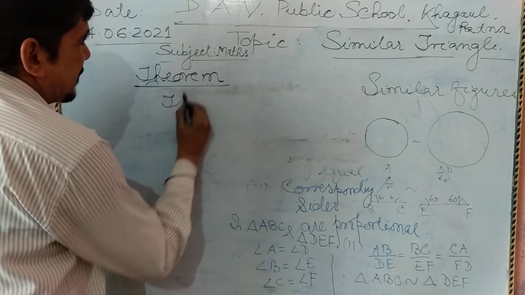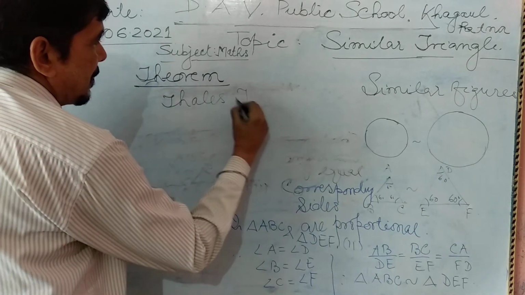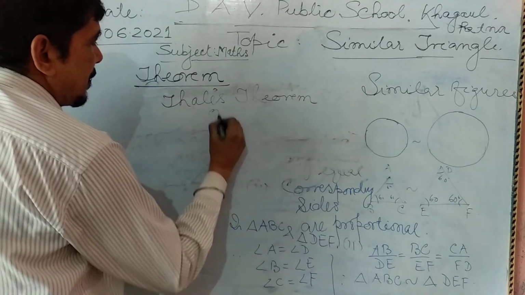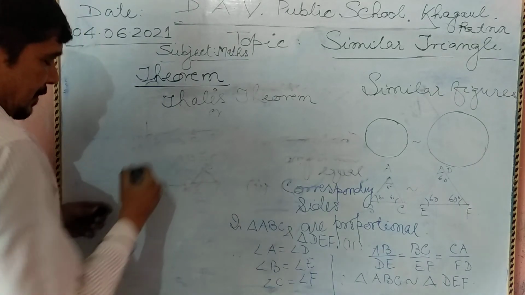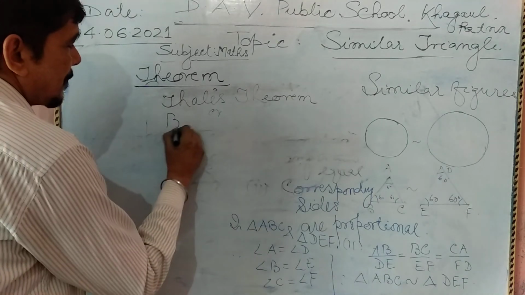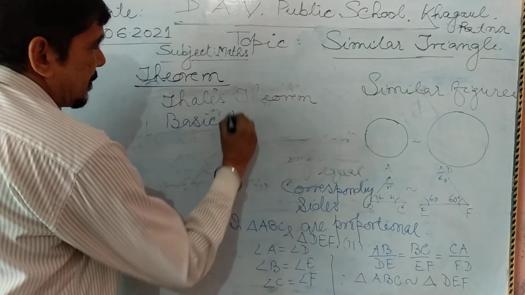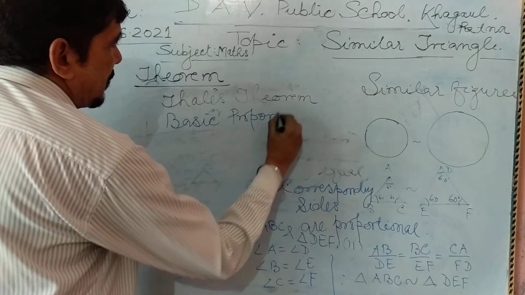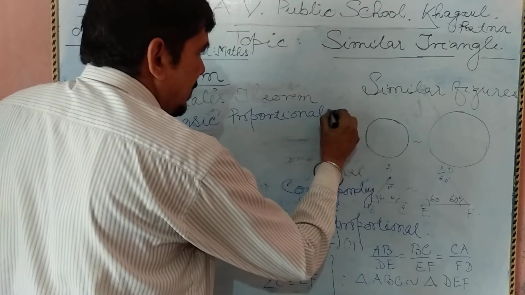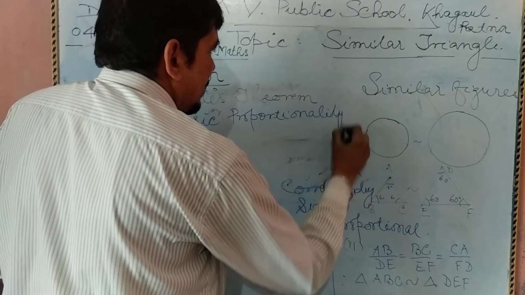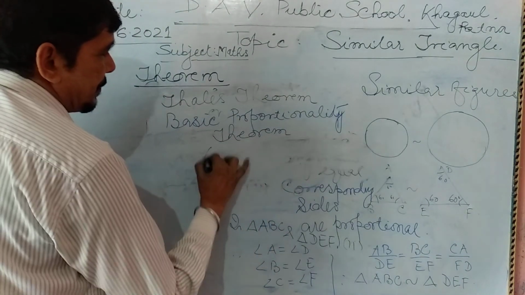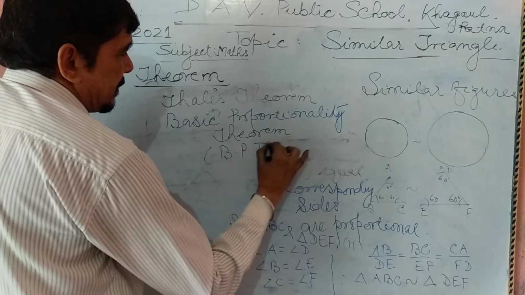This is known as Thales theorem, or basic proportionality theorem, also known as BPT theorem.